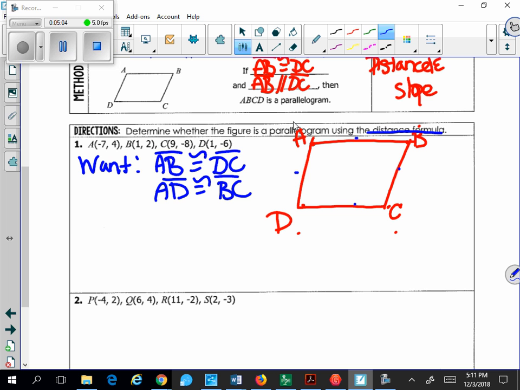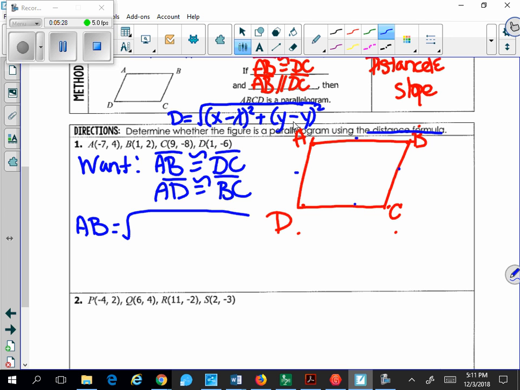So let's go. If I'm saying AB, remember my distance formula. Where can I write it? I'll write it up here. Distance equals the square root of x minus x squared plus y minus y squared.